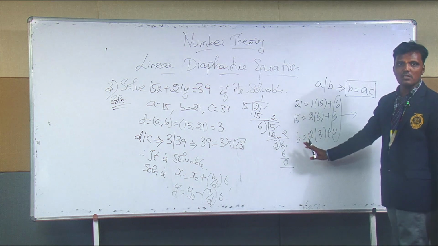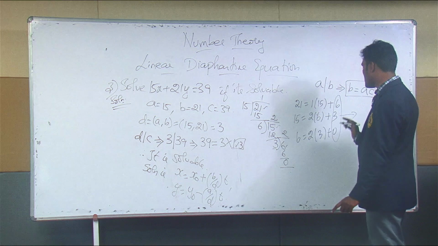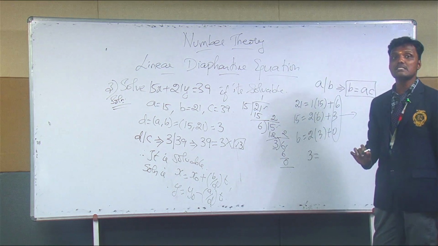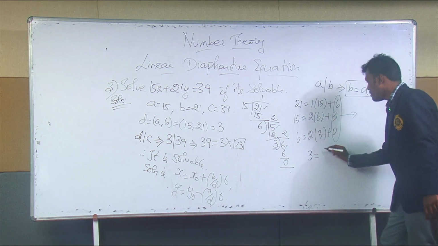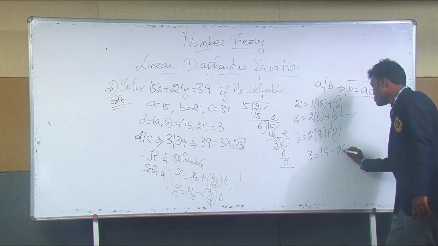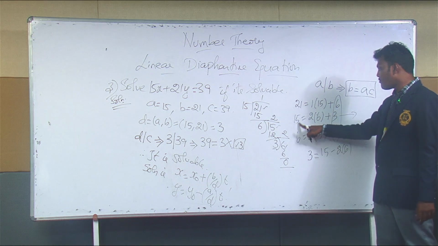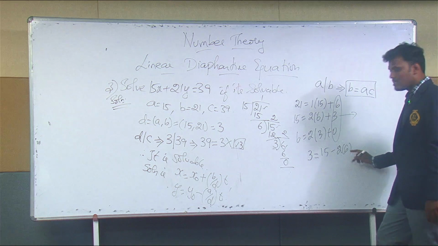Okay. So using this concept, we can express the GCD as a linear combination of the two numbers. How? We have to start from the least non-zero remainder. So that is 3. How can 3 be expressed? As 15 minus 2 into 6. So this 3 can be expressed as 15, bring this 2 into 6 to the other side, minus 2 into 6.